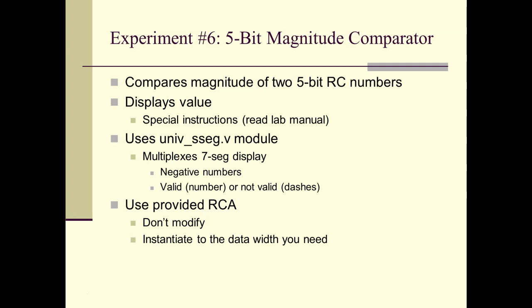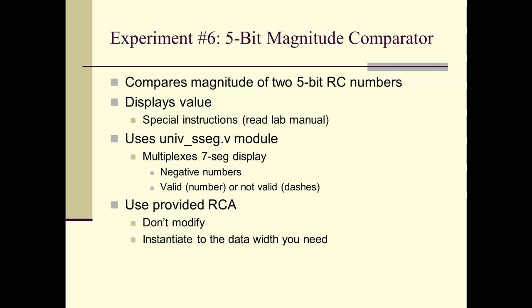So the magnitude comparator compares two 5-bit signed numbers. The signed values are, of course, in radix complement or 2's complement form. The issue is there are a couple of new modules here, particularly this universal 7-segment display module. I can't tell you exactly how this works.